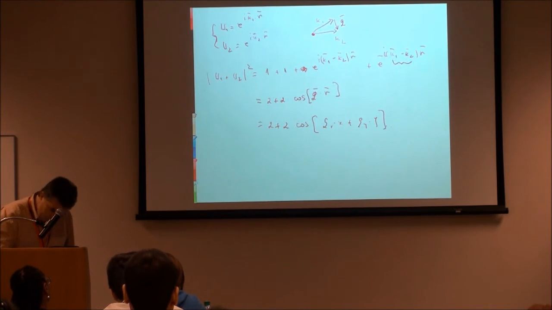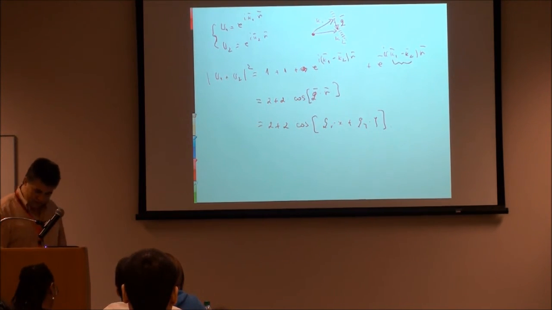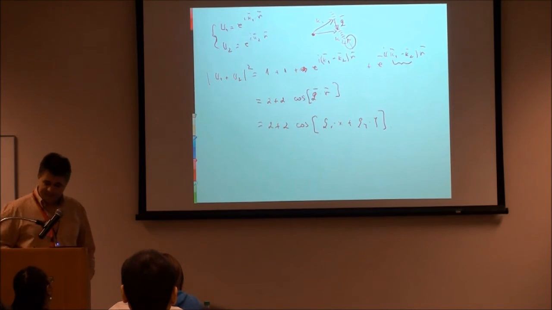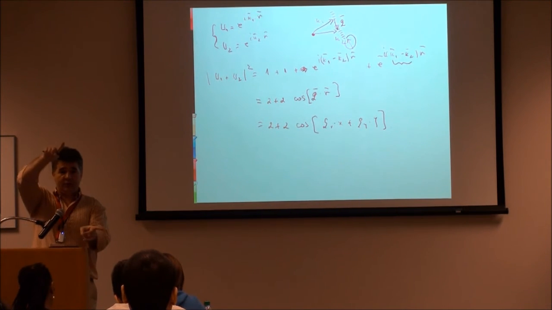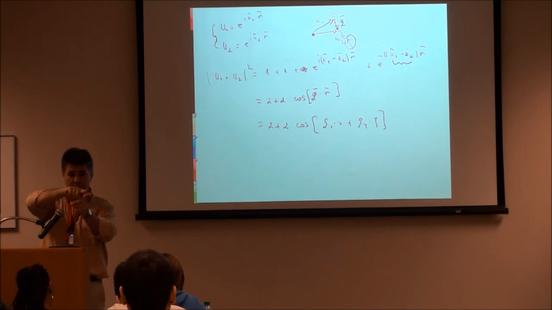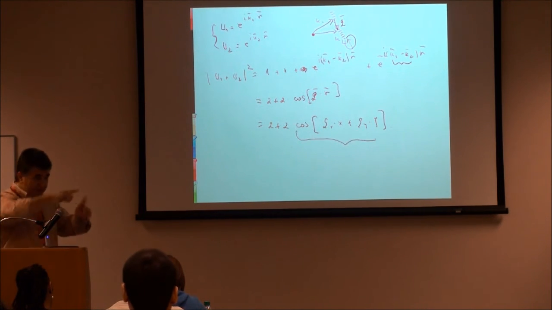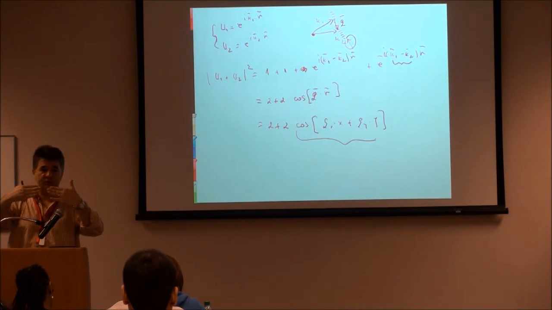Okay? So that means that I'm going to have oscillations. The cosine is going to be showing only where q is parallel to r, which means along this direction. That's what the scalar product gives you, right? It's only showing when the two vectors are parallel. So I'm going to have an intensity that's modulated by this cosine exactly along the direction of the difference in the two k vectors.